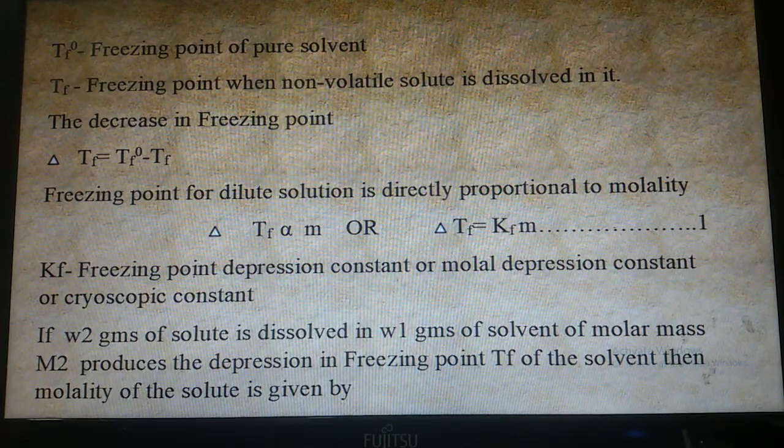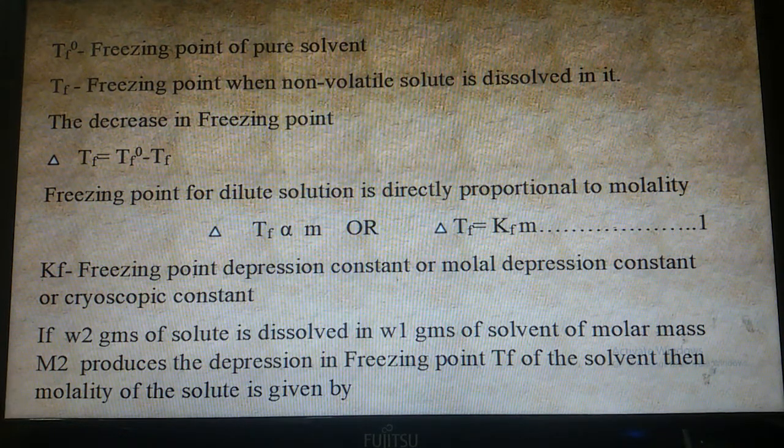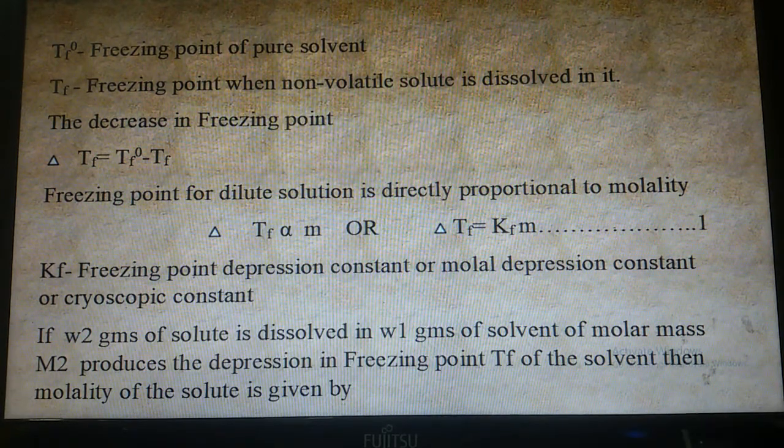Therefore, delta Tf is proportional to m, or delta Tf is equal to Kf into m. Kf is the freezing point depression constant or molal depression constant or cryoscopic constant.